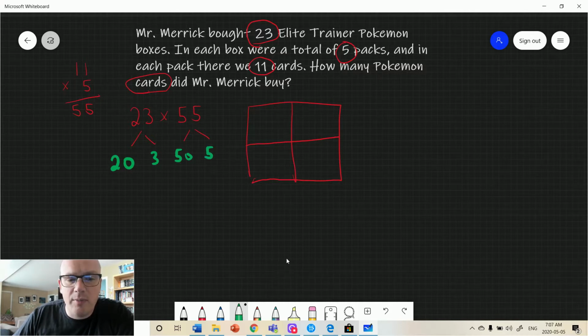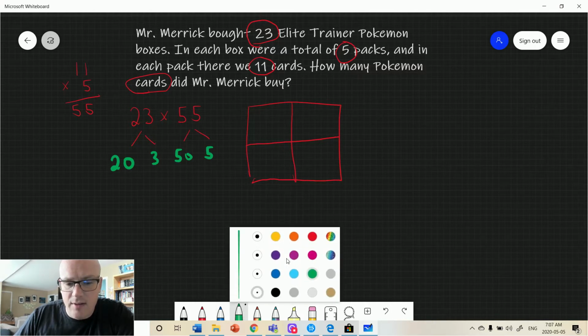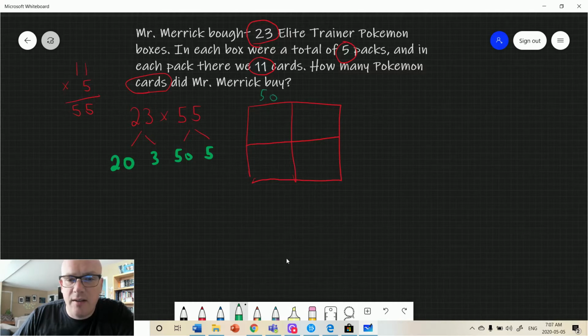So we've broken these both down into our expanded form. Now, let us put that on the window. We've got the 50 and the 5 over here, and the 20 and the 3 over here.